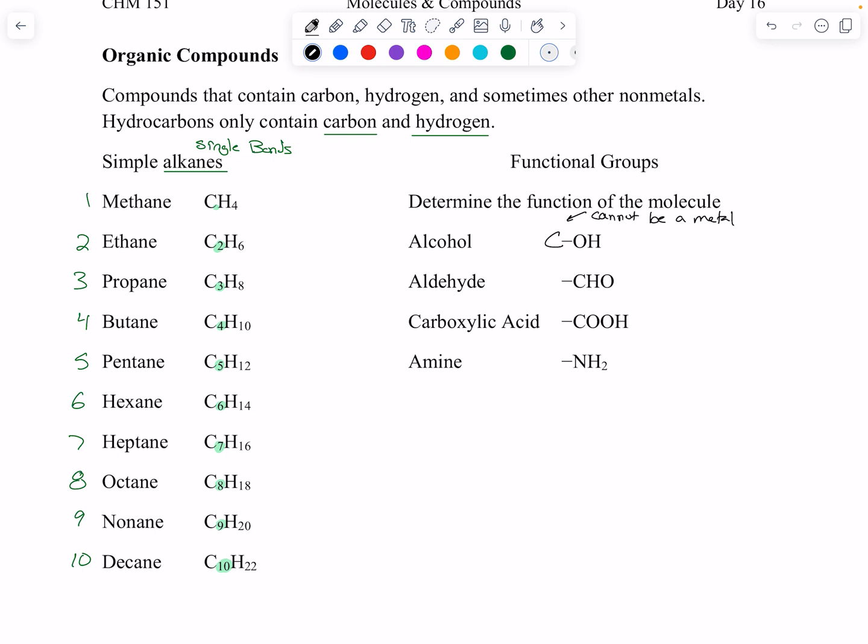Okay, aldehyde, and just so you know, it's C double bond O, single bond H. Carboxylic acid, C double bond O, another O, and then an H. So those are 4 functional groups that you may have heard of, right? Like amino acids. These are the amines. These are the acids. And so, just introducing that to you, and hopefully that works.